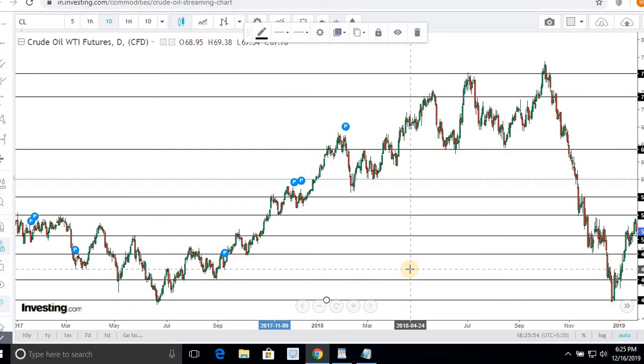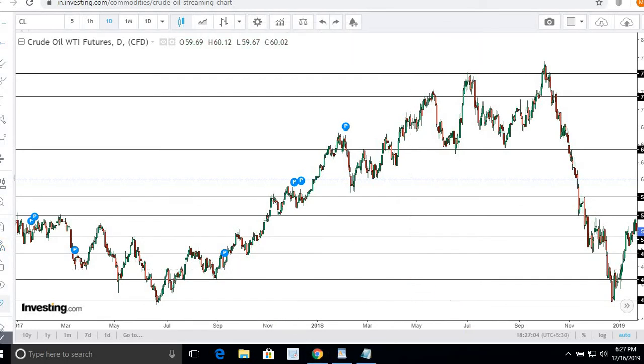So these are the most obvious levels which we can see with our naked eyes. You don't have to zoom in or stress your eyes to see these levels. We'll see whether these lines or this area of value are respected in 2019 or not by crude oil.